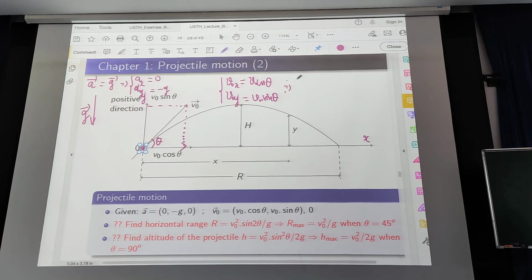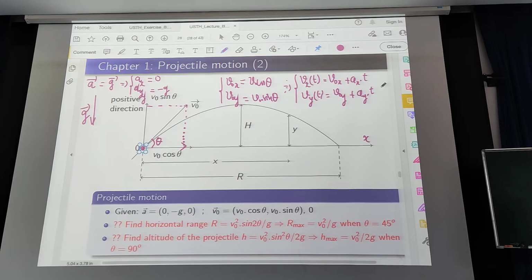So you have this information. You can calculate the velocity along OX at time t equal to v0x plus ax t, and vy at time t equal to v0y plus ay t.